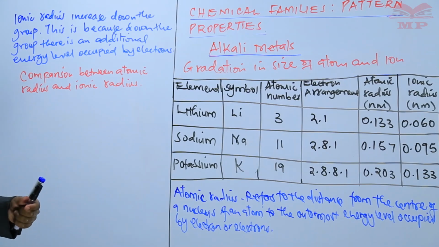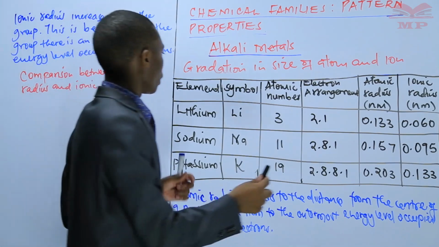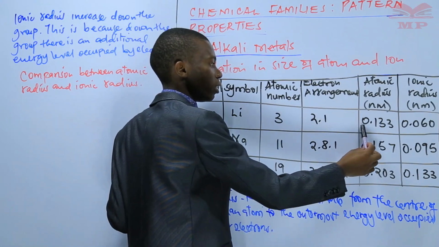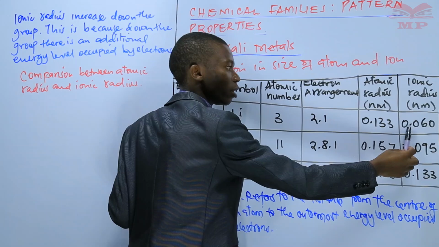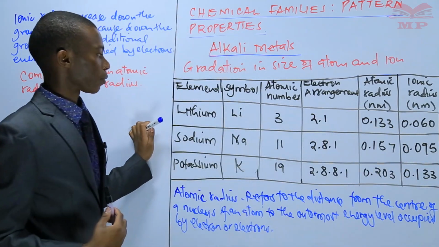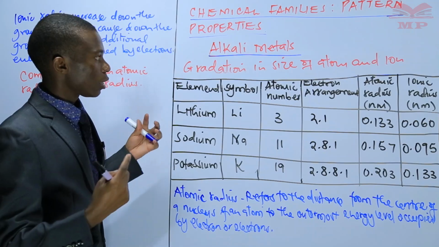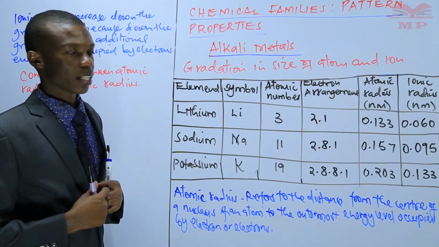So if you look at the atomic radius and ionic radius, for lithium, the atomic radius is 0.133. The ionic radius of the same lithium is 0.060. So you can see the atomic radius is larger than the ionic radius.